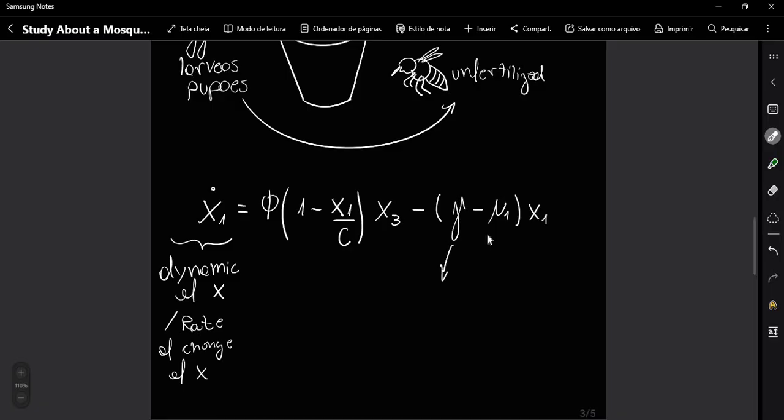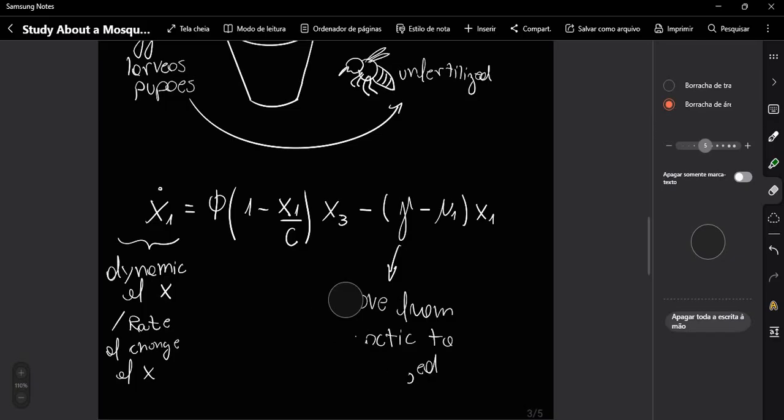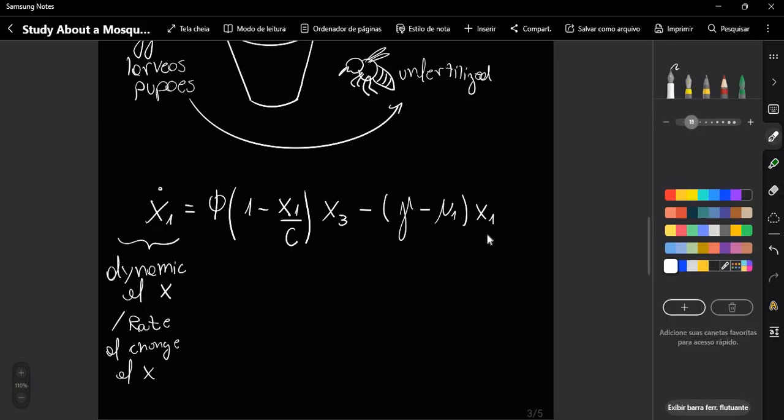So that is how they move from the first phase, the aquatic, to the winged. And mu1 is the mortality rate, so none of them will survive on this stage.